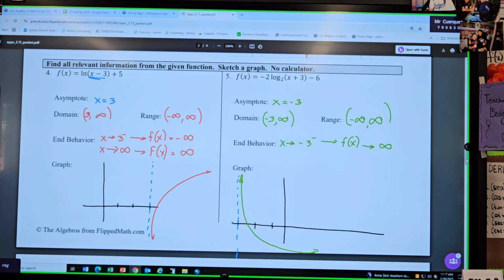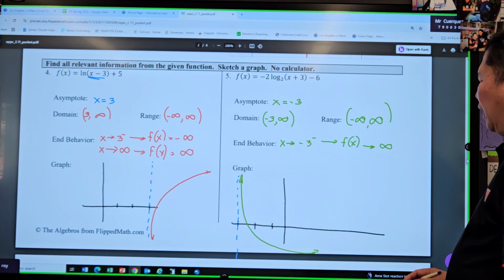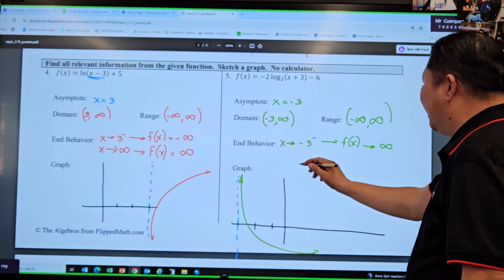And then, how about the right of negative 3?